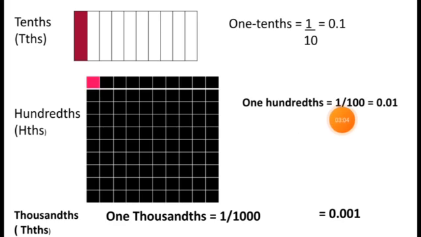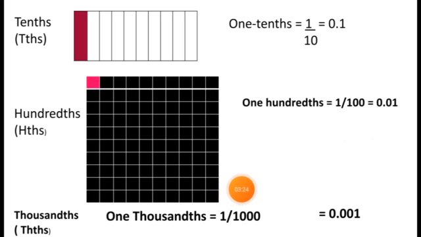We can write this shading in fraction form as 1 upon 100, and it can be said as one-hundredth, whose decimal representation is 0.01.